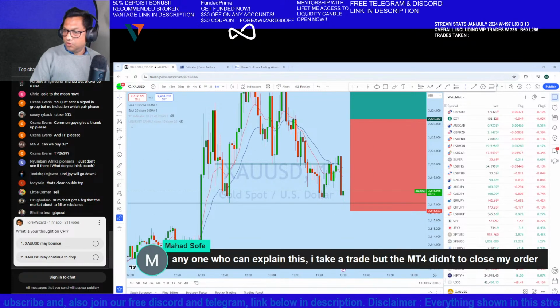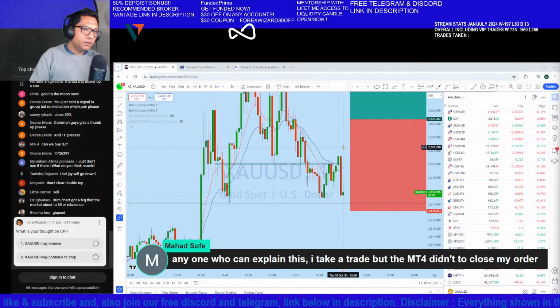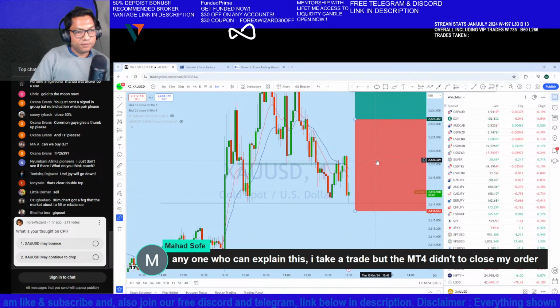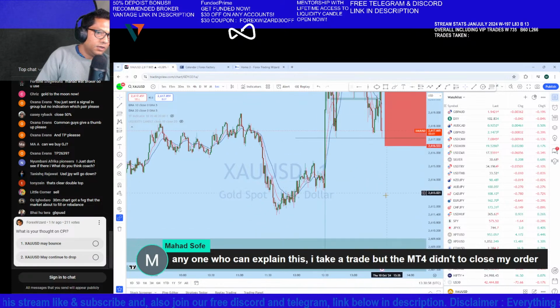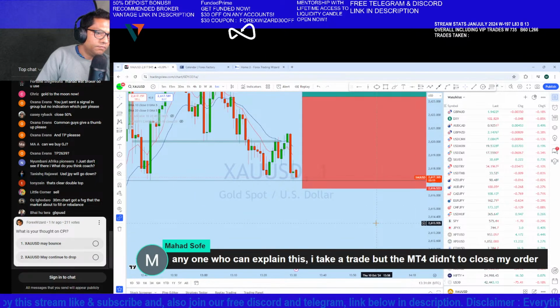Now if this candle goes straight back to the upside, which is less likely, then we could see continuation. Otherwise we might see it go to the daily support.